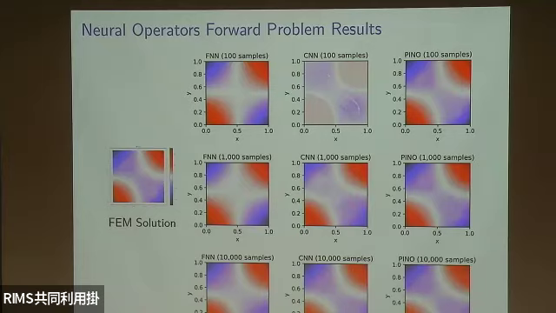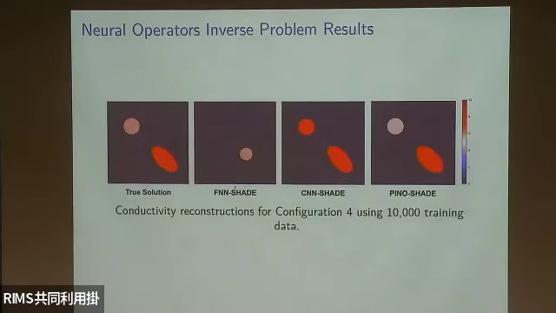Our results before were quite good, but we were using more than 100,000 samples. So FNN and CNN work quite well if you have a lot of samples, and if you only have few samples, for faster training, you can use PINO. Here, if we're going to use only 10, a small data set, notice how PINO can reconstruct the image as well, just using a small amount of data.